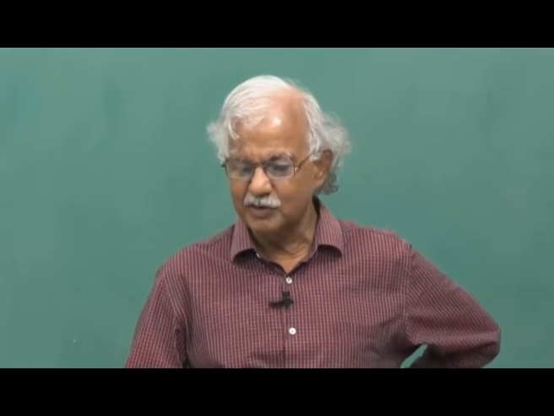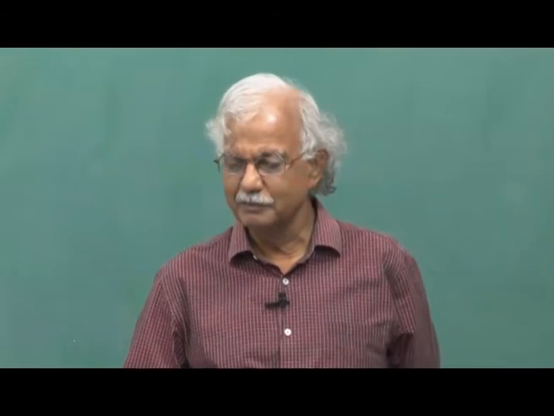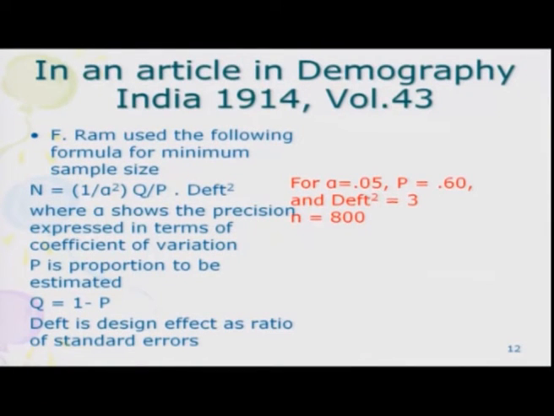For alpha equal to 0.05 and p equal to 0.60, suppose you are trying to estimate something whose estimate in the population is 0.60, then q is 0.40 and deft square, this design effect, is 3. If deft square is 3, then n is 800.